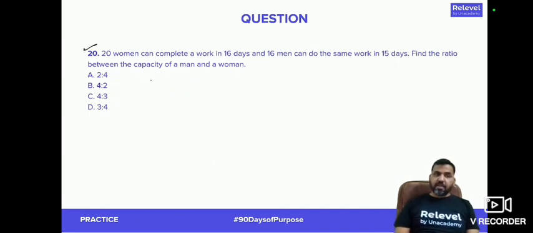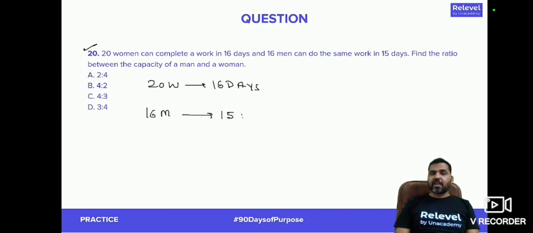Question number 20. It says that 20 women can complete a piece of work in 16 days. 16 men can do the same piece of work in 15 days. Find the ratio between the capacity of a man and a woman. That's very simple. To do a piece of work, 20 women are working for 16 days.